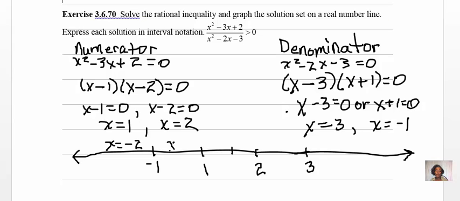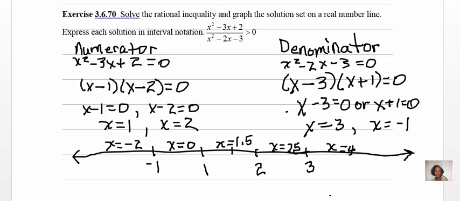Here I'm going to put x equal to 0. Here I'm going to use x equal to 1.5. Here I'm going to use x equal to 2.5. And here x is equal to 4. And those are my test numbers.